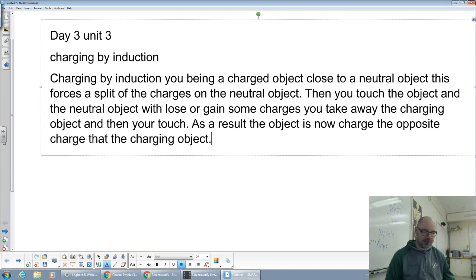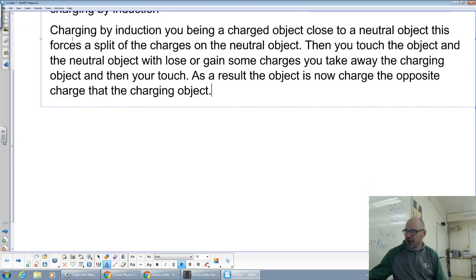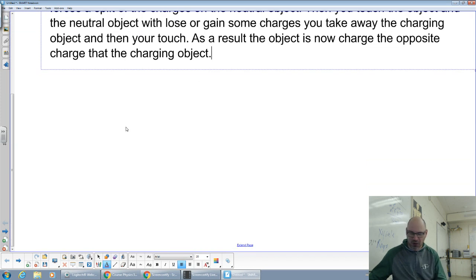So let's draw this out. It's easier to see as a diagram, but that's basically what we're going to do. So I thought I'd type it out and then draw the pictures. Here, we'll number them as we go. The first thing we have, if we take our marker out here, we draw our electroscope leaves.